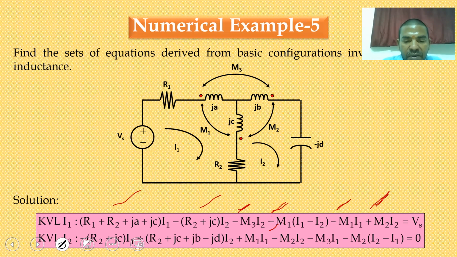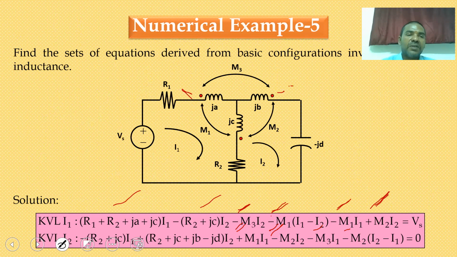Here also you can get M2 with respect to I2 minus I1. And for M3, here it is an ending dot, here it is a starting dot, so it is also negative. So like this we have to write the expressions for the equations.